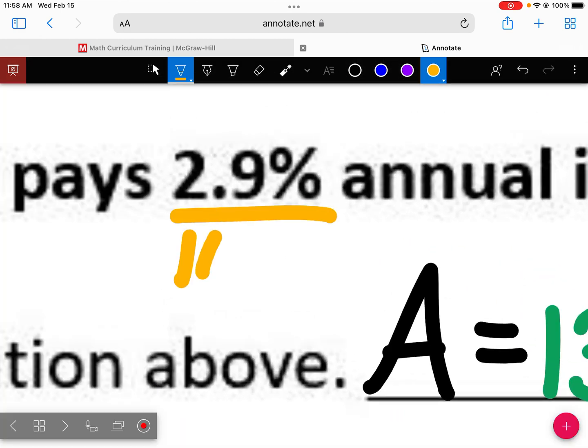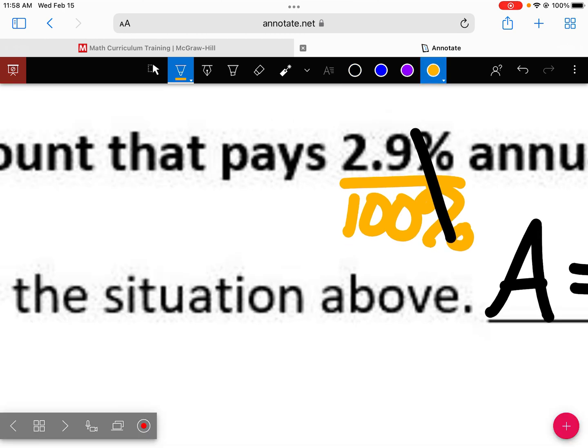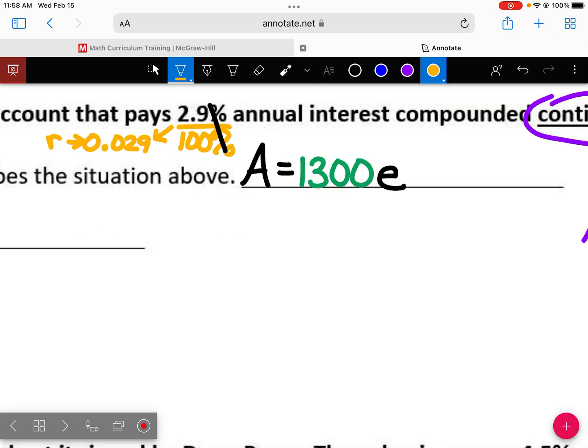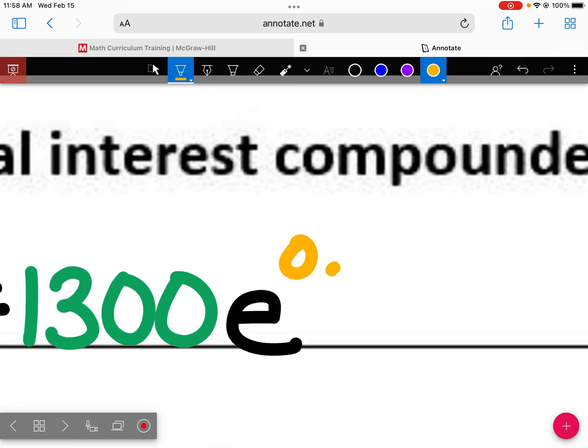We take this and divide it by 100%. 0.029 is R, and you're absolutely right. We do that times T, which we leave as a letter in our function rule.